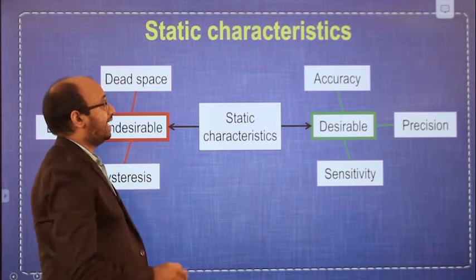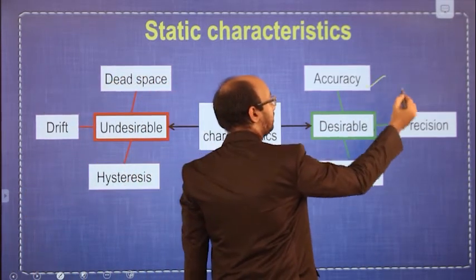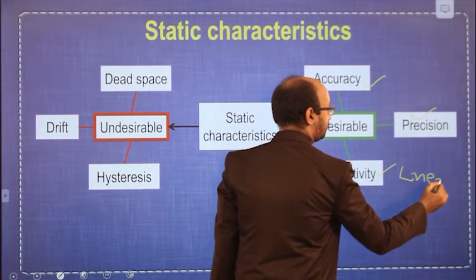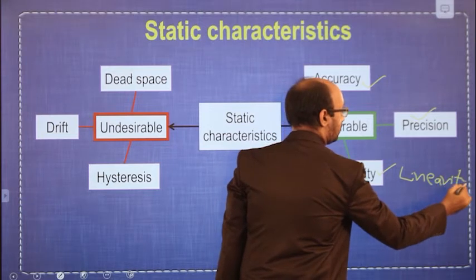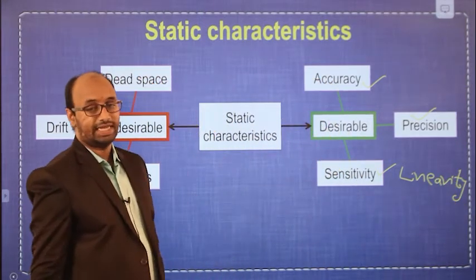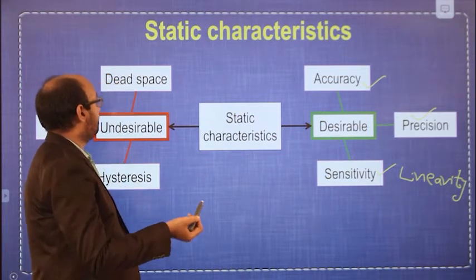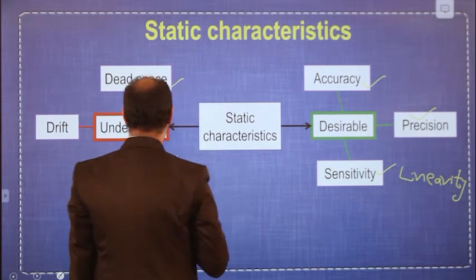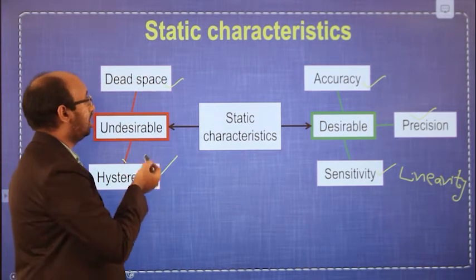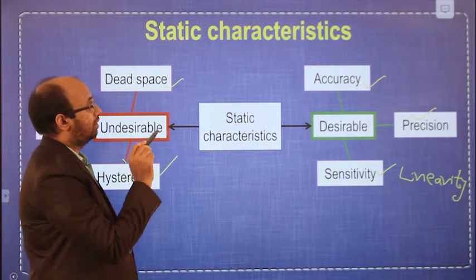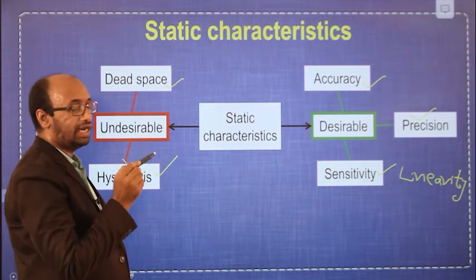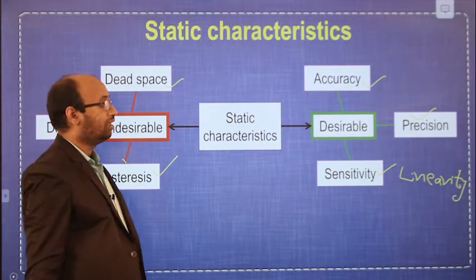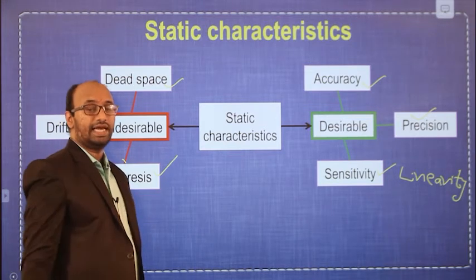So desirable static characteristics are accuracy, precision, sensitivity and linearity. At the same time, dead space, drift and hysteresis are undesirable static characteristics. So the instrument should possess accuracy, precision, linearity and sensitivity, and it shouldn't exhibit dead space, hysteresis and drift. So these are all the static characteristics.